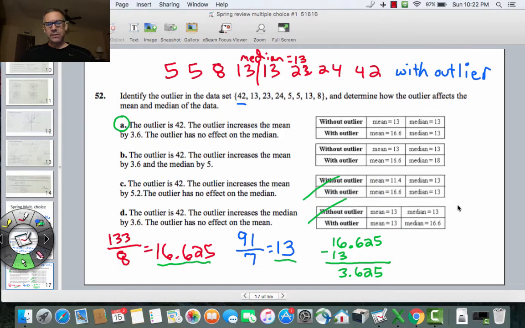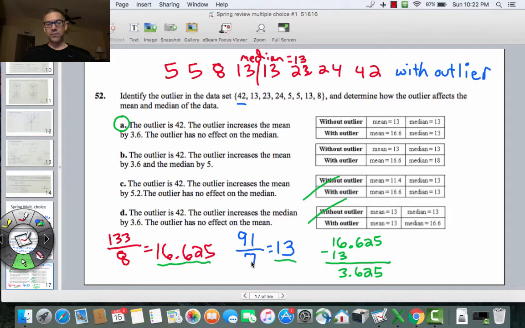This one, what you want to do is calculate the mean with all of the numbers as they are. This one turns out to be 133. When you add them up and divide by 8, it's 16.625. And then calculate them without the outlier, which is without the 42.